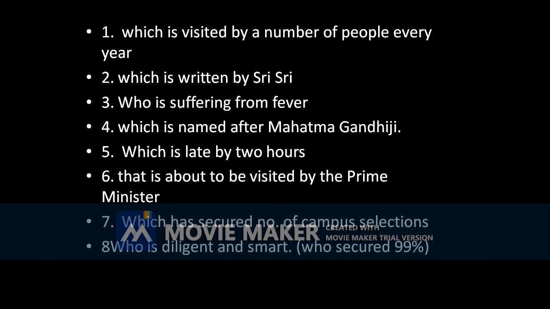We are talking about a book. Book is a non-living thing, so we should use which in combining this sentence. So how do you write it? The Mahaprasthanam, which is a popular book, or Mahaprasthanam is a popular book which is written by Sri Sri. So like that we combine the sentence.